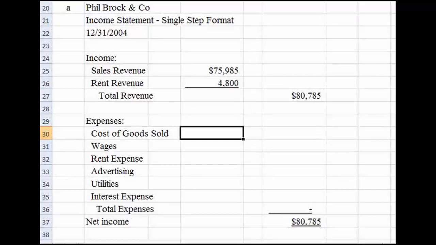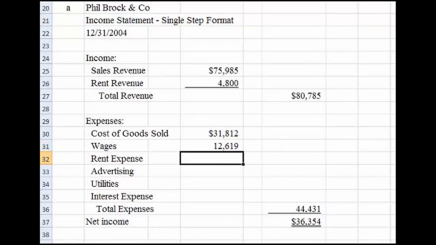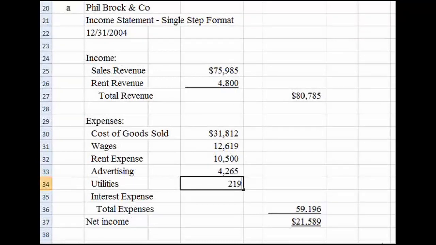Now next on a single-step format is expenses. The expenses are right here in your book on page 141. They're the cost of goods sold, $31,812, wages of $12,619, rent expense of $10,500, advertising of $4,265, utilities of $2,195, and interest expense of $996.